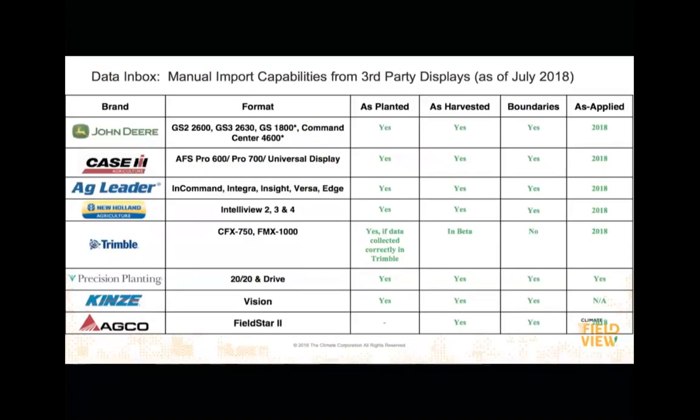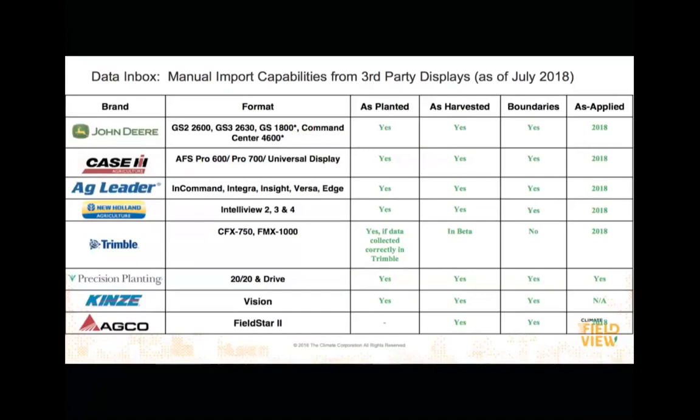So in terms of where we can move data from, I've got a couple of charts here that try to summarize this. When we're talking about moving data out of third-party displays, so some of the monitors that you might have in your pieces of equipment on your farm, this table summarizes the current state of what we can and can't do. What we're looking for are things that have a yes in them.